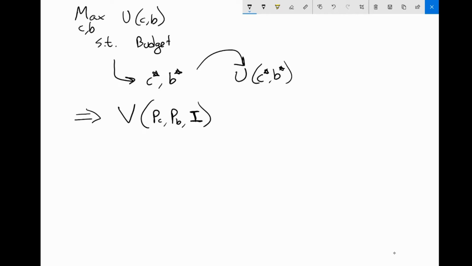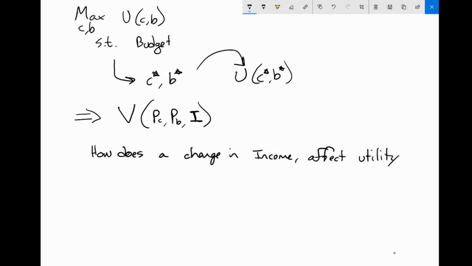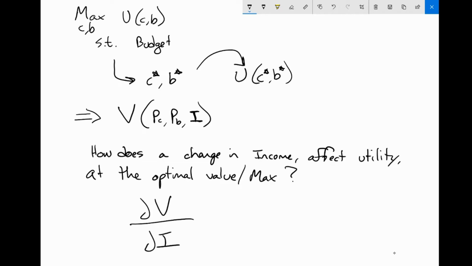So then I might want to know, how does a change in income affect utility at the optimal value, or at the max? Well, then I would want to know, what is the derivative of the value function with respect to income?